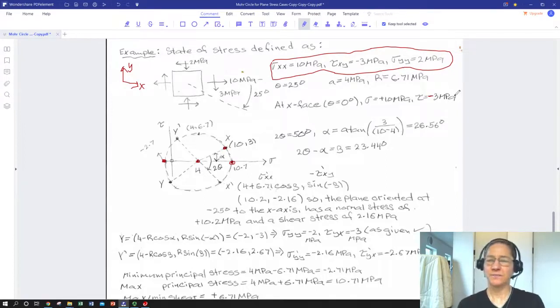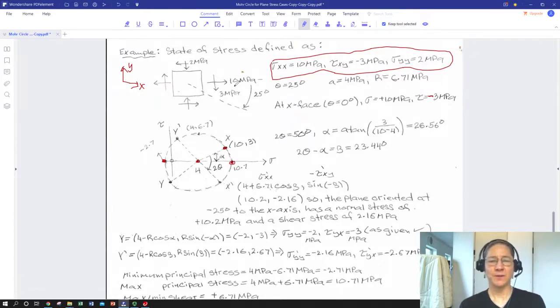We just remember to plot it that way. We'll get easier with a few more examples. So here's our applied load in the x direction, and so we know that our angle alpha going clockwise will be our principal stress direction. So whatever angle alpha ends up being, if you go clockwise from the x-axis, that's where you're going to find our max stress.